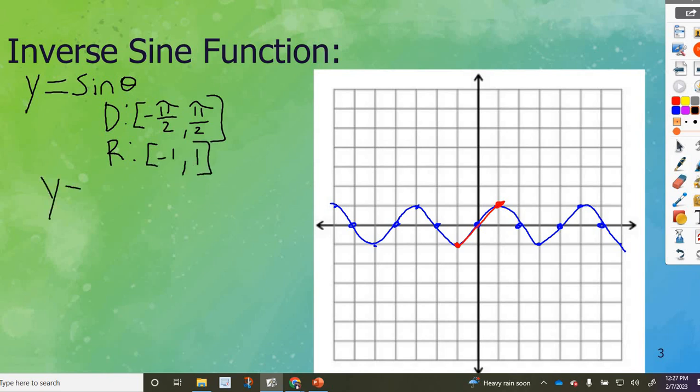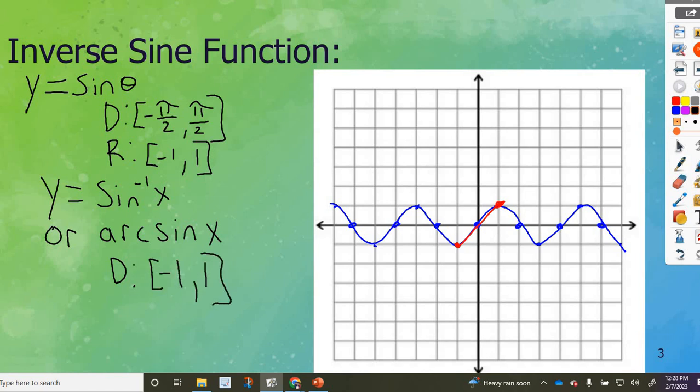So the way that we write our inverse function is we sometimes use a little negative 1 symbol, or you'll also see it written as arc sine of x. So those two things mean the same thing. And remember that to find inverse functions, we just end up switching our x's and y's.